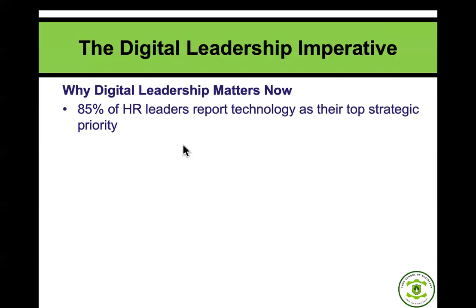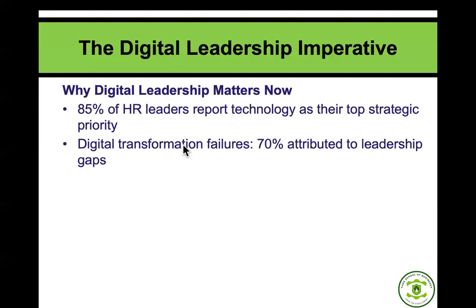And that is not surprising, given the digital transformation we are all witnessing all around us, either in our individual lives, organizationally, or even nationally. But something should concern all of us. 70% of digital transformation failures, unfortunately, are attributable to what?